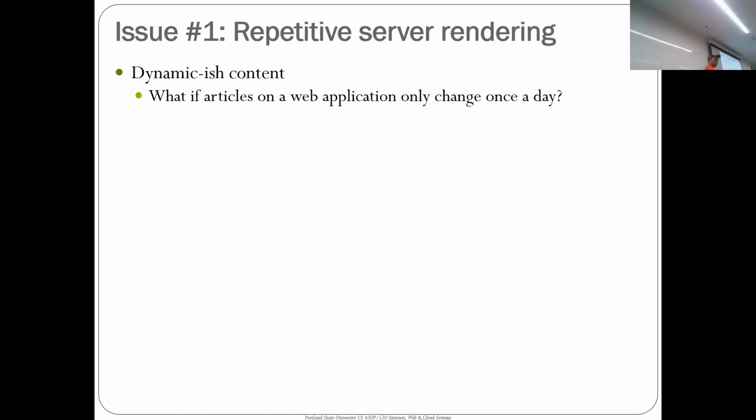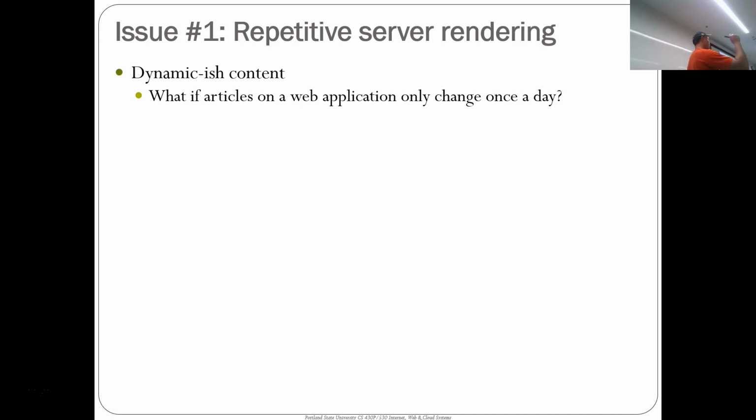But one of the issues here is that you have this repetitive server rendering. And this is especially painful if you have dynamic-ish content. Stuff that changes maybe once, and then from then on is the same thing over and over again. So for example, you have a news site, and every morning you push new articles up there, and then after that it's all static. Like, you don't make any changes to that site.